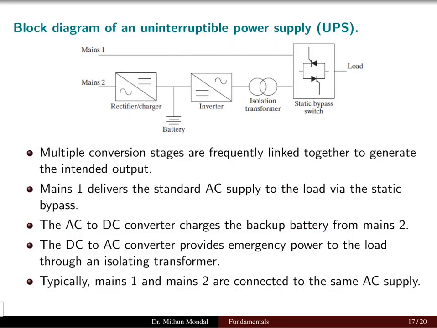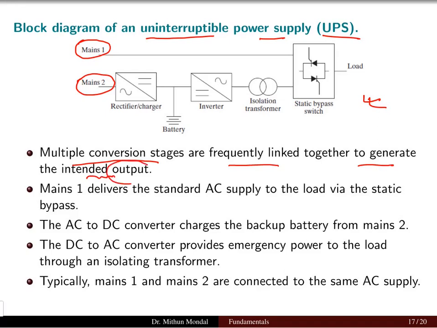Now let us take one example of UPS. UPS stands for uninterruptible power supply. If you see this basic circuit diagram, you have the supply, which is mains 1 and mains 2, so two mains are there. Multiple conversion stages are frequently linked together to generate the intended output.